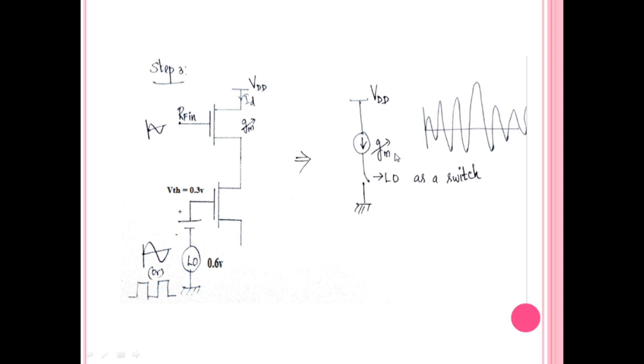And after this, when you connect a filter, based on the filter configuration, you can get the LO plus RF signal or LO minus RF in the frequency format. And this is the way they carry out a multiplication process between two signals, that is the RF input signal as well as the LO signal.